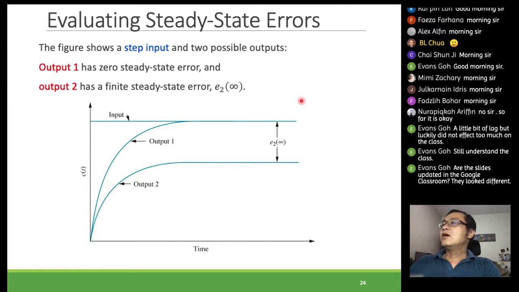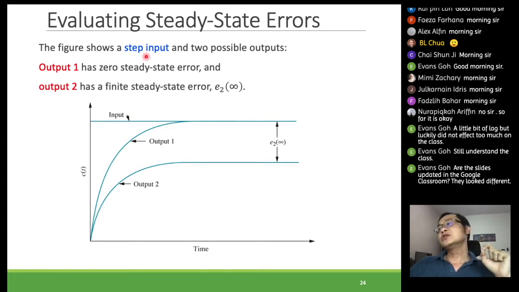Okay, so on the evaluation of the steady state error, remember here we want to evaluate the changes of the input.